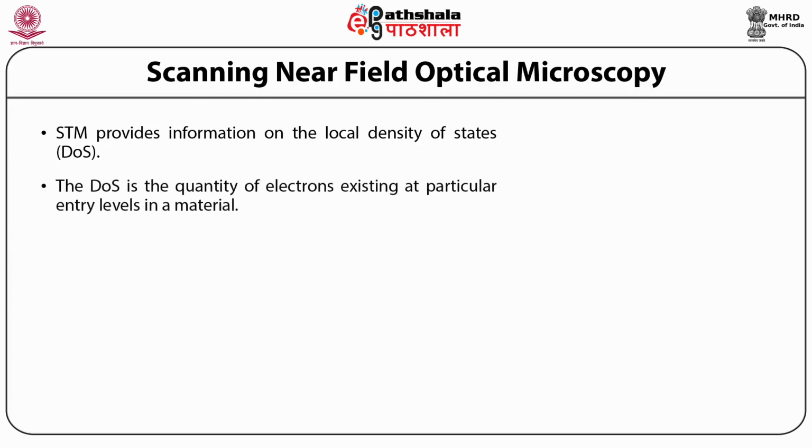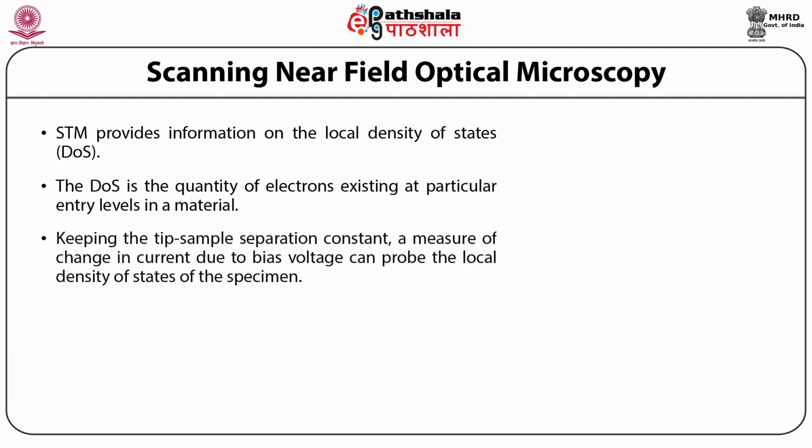The density of states is the quantity of electrons which exist at particular energy levels in a material. Keeping the tip-sample separation constant, a measure of change in current due to bias voltage can probe the local density of states of the specimen.